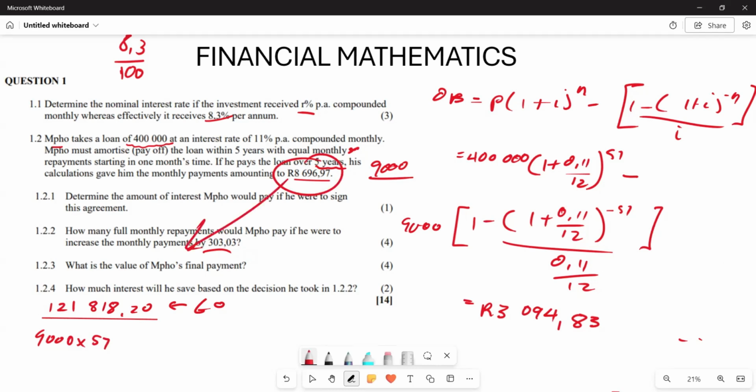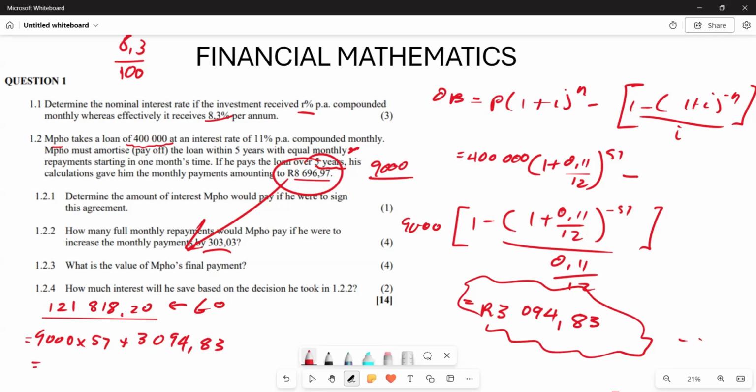So we take the 9,000 and multiply by 57. And then we also add the last payment, because the last payment also has to be paid. So we add the 3,094.83.